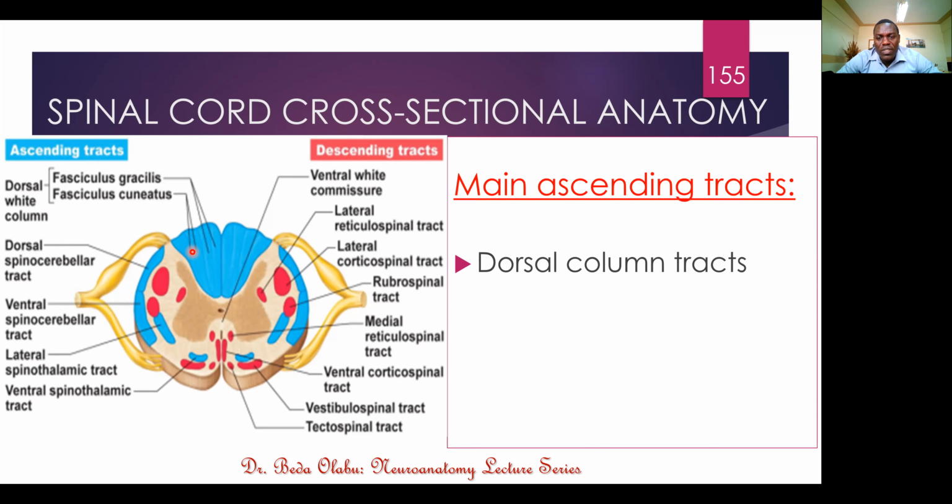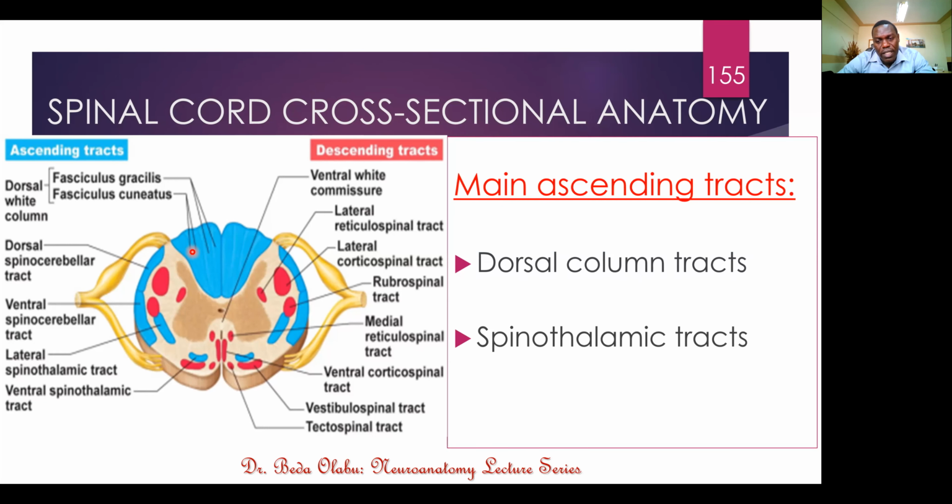So the sensations that enter below T6 are carried by the fasciculus gracilis. The sensations that enter above T7 are carried via fasciculus cuneatus, which means sensations that come from the upper limb will be carried by fasciculus cuneatus, as opposed to sensations that come from the big toe, which will go via fasciculus gracilis.